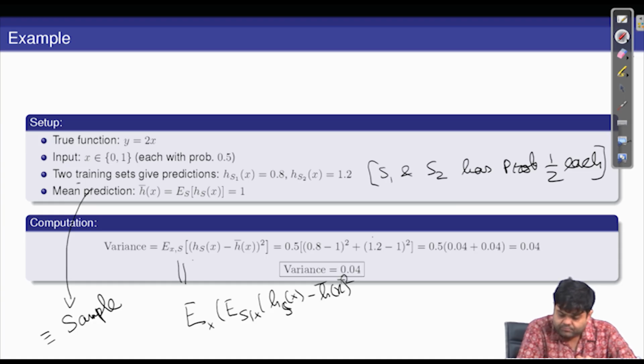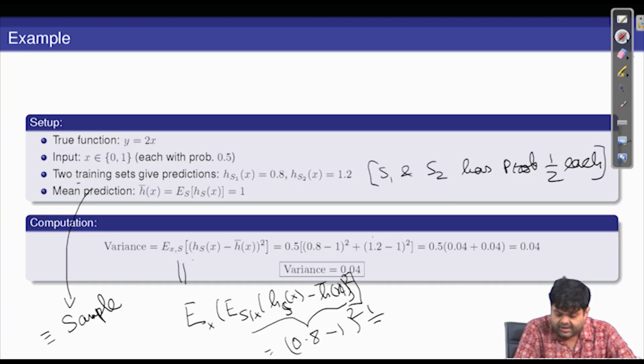Let's try to do this first. Here there are only two samples, each with probability half. So it will be 0.8 minus 1, since h bar is always 1, with the probability of this sample being half, plus 1.2 minus 1, with probability half.